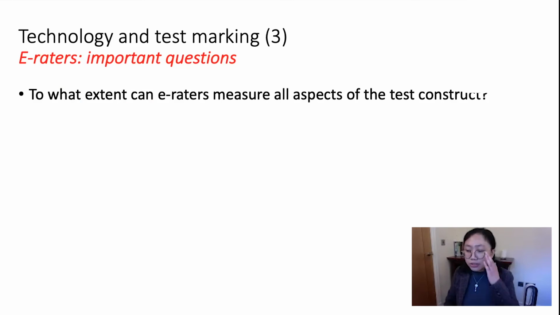They can also measure vocabulary sophistication. They can measure length very easily. They can also measure syntactic complexity, whether the test taker only uses a limited range of grammar or a wide range of grammar. These things can be assessed by e-raters.